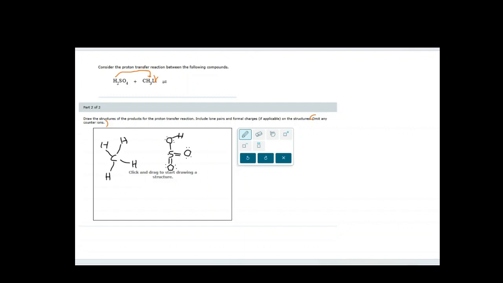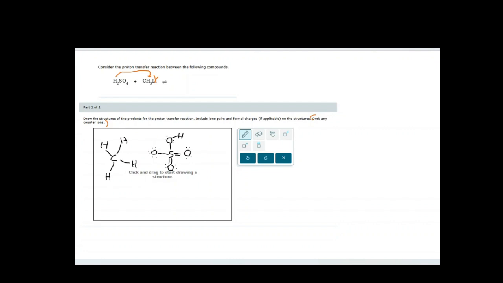And then last, we're going to focus on the oxygen that donated its hydrogen away to CH3. So we're going to draw this oxygen here. Because that hydrogen is now away, to satisfy the octet rule, we see it already has 2, but we're going to write 3 more lone pairs, so that way it has 8, and it satisfies the octet rule.